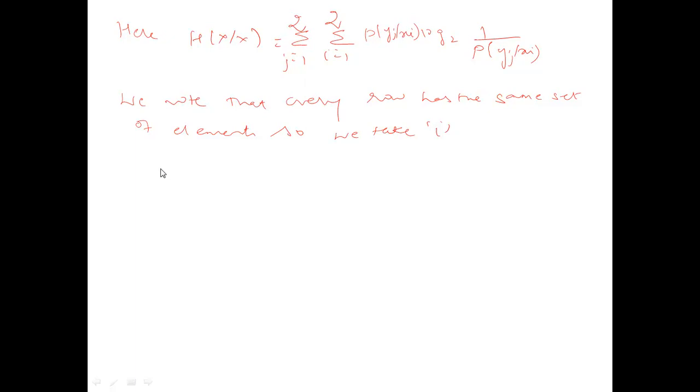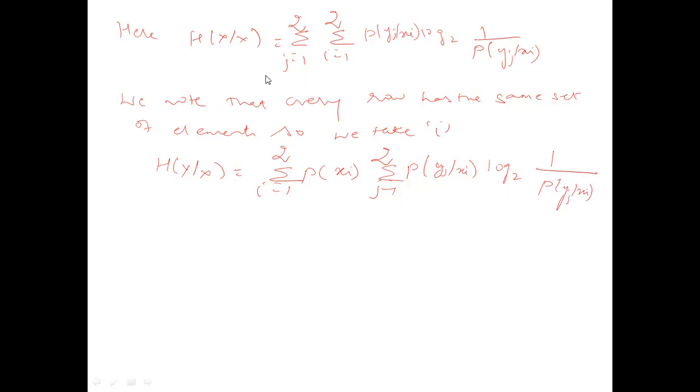So h of y given x can be written as summation of i equal to 1 to 2 p of xi, summation of j equal to 1 to 2 p of yj given xi log base 2 of 1 divided by p of yj given xi.